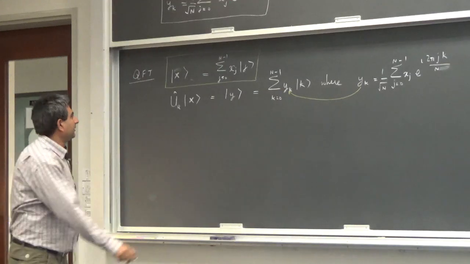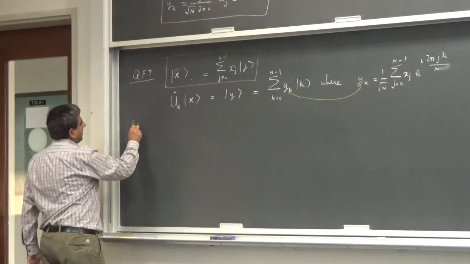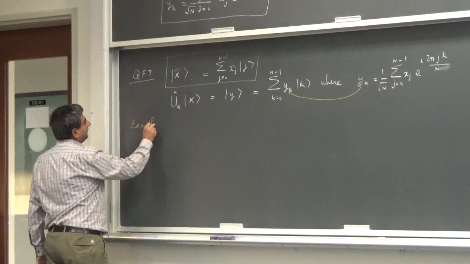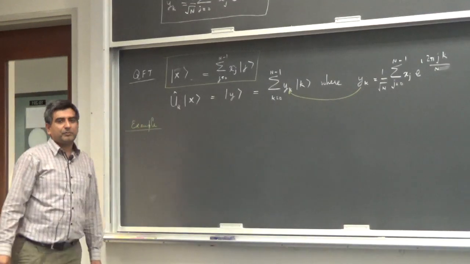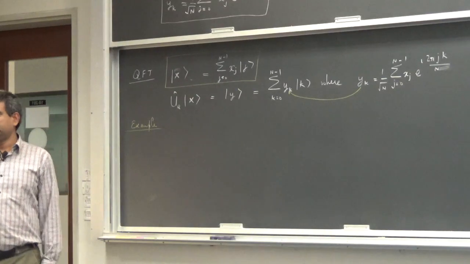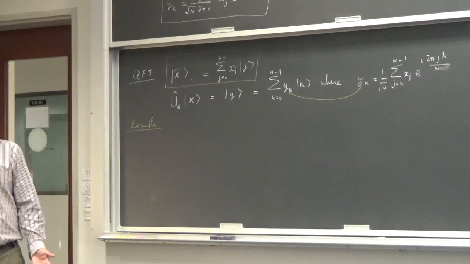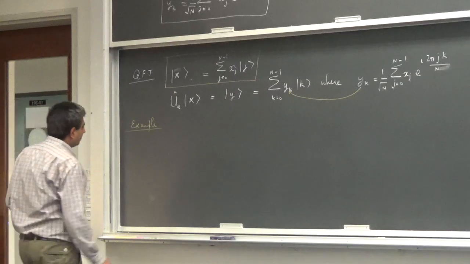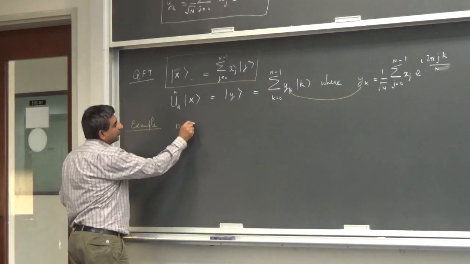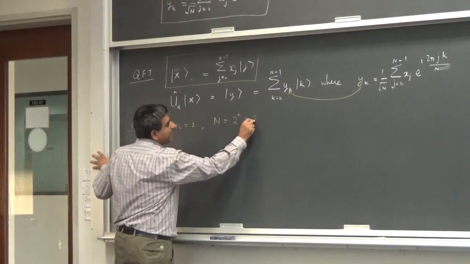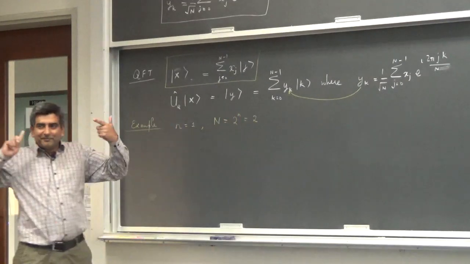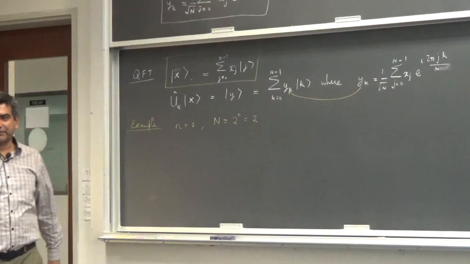Let me give you an example. Suppose I just have one qubit, just one qubit to make our life simpler. So my small n is 1, my capital N, which is 2 raised to the power n, is 2. One qubit, two basis states.